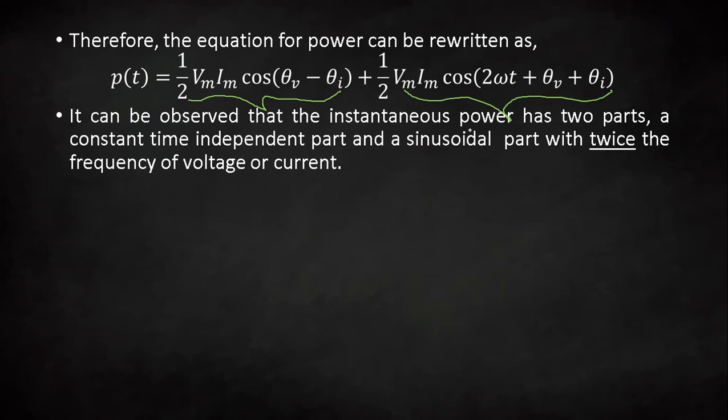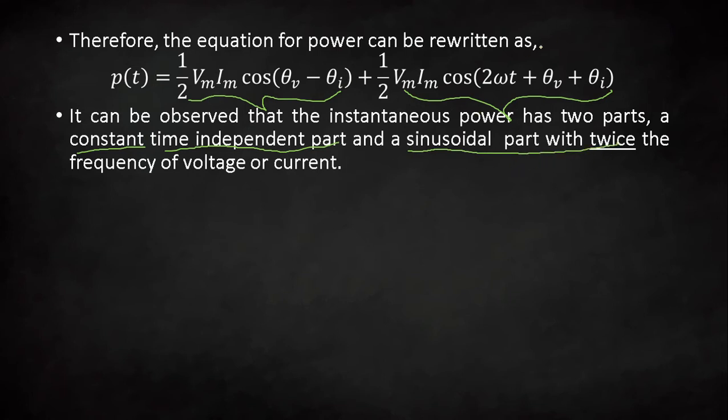Here you can see that the first part is a constant, and that is the time independent part. Okay, here you cannot see any time varying quantity, so this part is not going to change as time changes. In the second part you can see a sinusoidal part with twice the frequency of voltage and current.